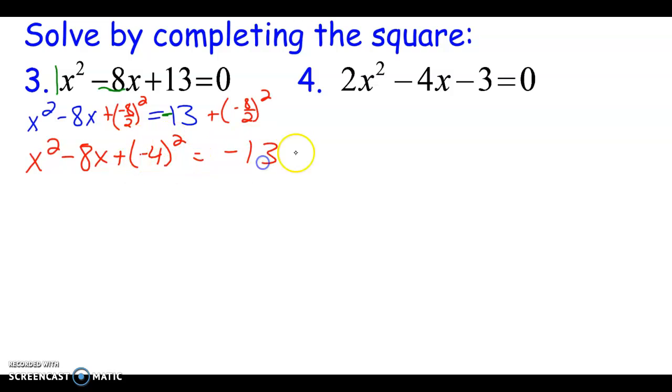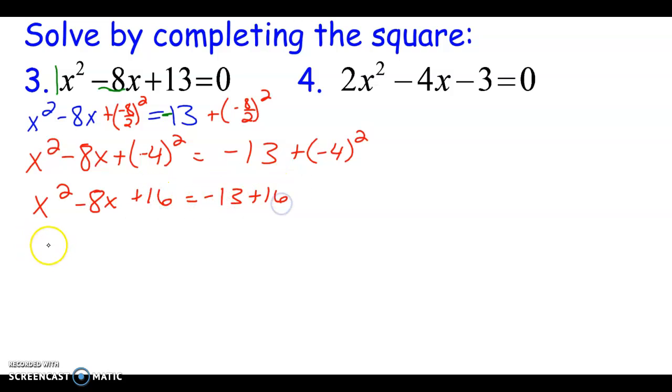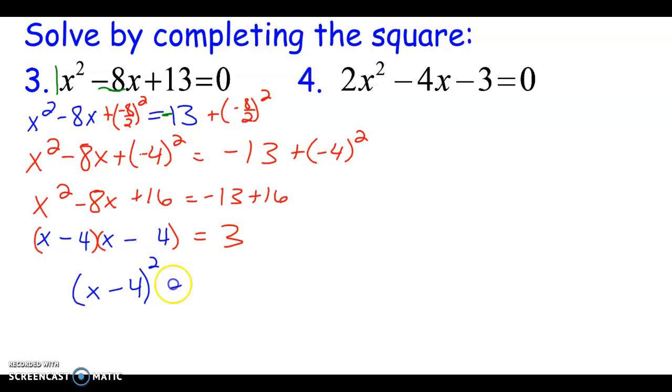We get negative 13 plus negative 4 squared, negative 13 plus 16. Then we can factor this side because it's going to be the same factor. Multiply to be 16 would be 4 and 4, both minus. So then I can go x minus 4 squared, since there's 2 of them, equals 3.